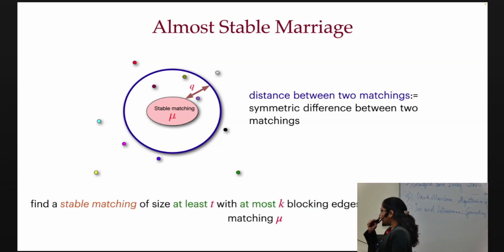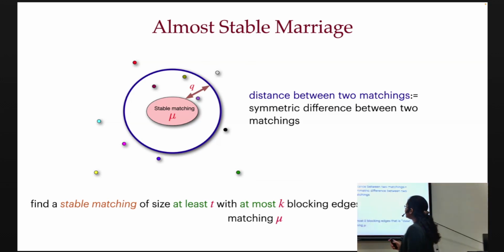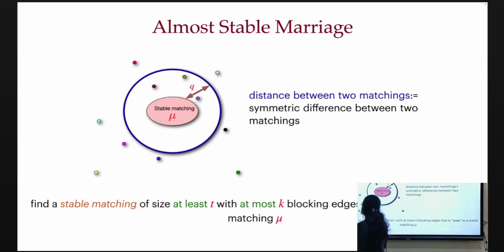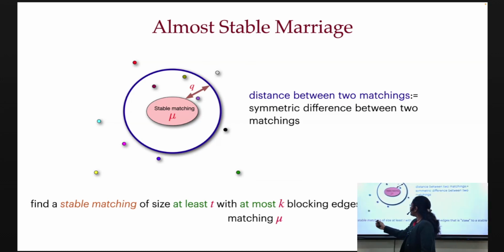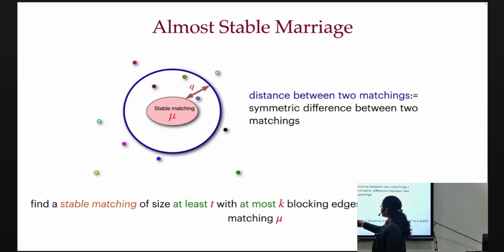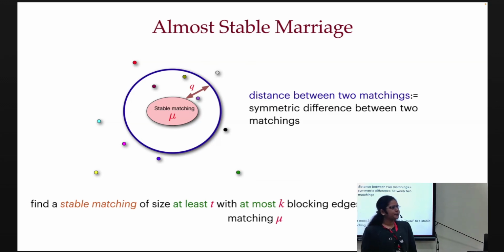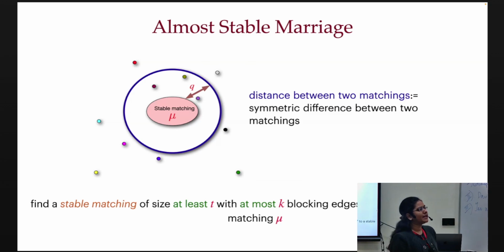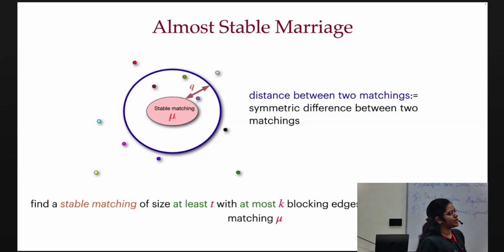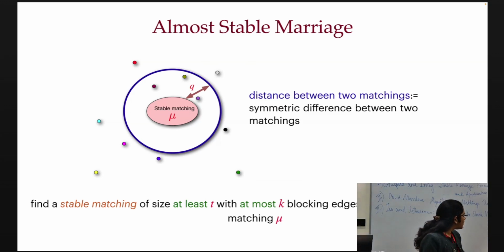Now the question is this: we want to find a matching of size at least t with at most k blocking edges that is close to a stable matching mu. The close notion is that the symmetric difference between your solution matching and mu is at most q.